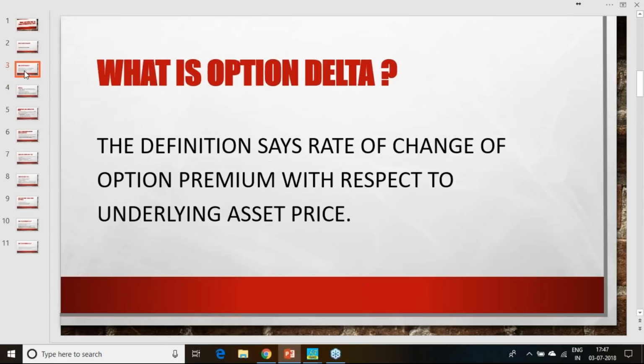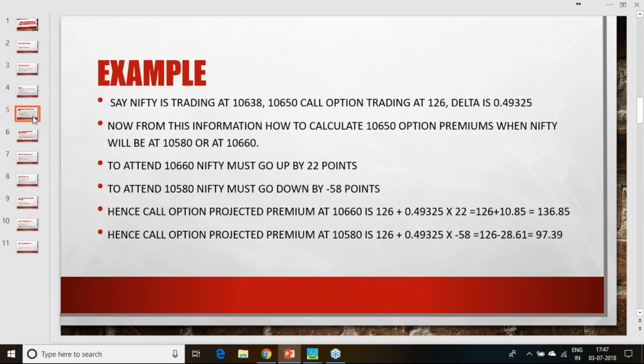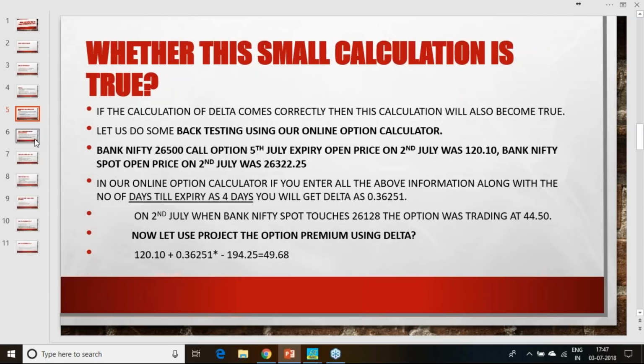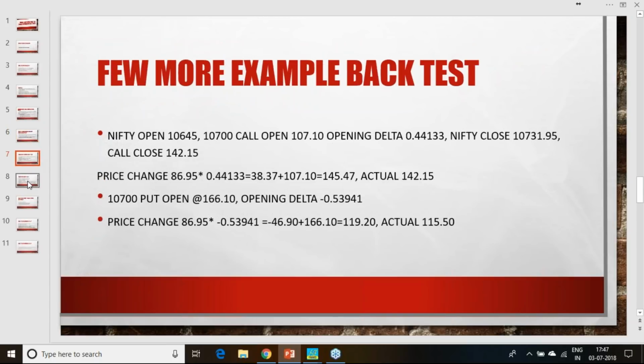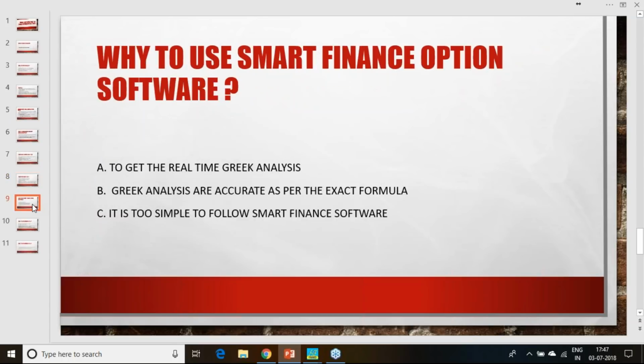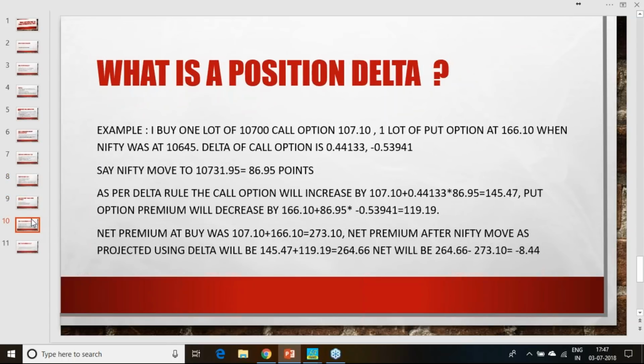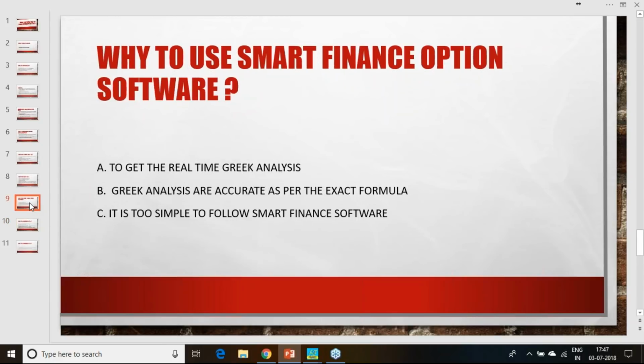Many used to ask me whether this delta calculation is true to a certain extent, whether the delta projections we are making are correct, or whether the option premium we are calculating based on this delta is correct.